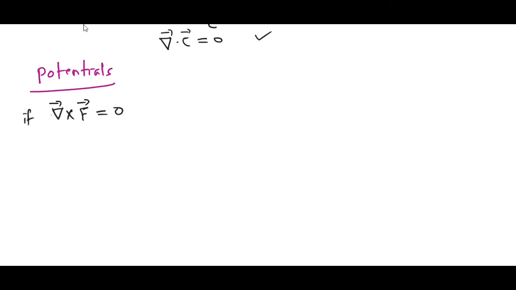We know the identity that the curl of the gradient of any scalar function is equal to 0.